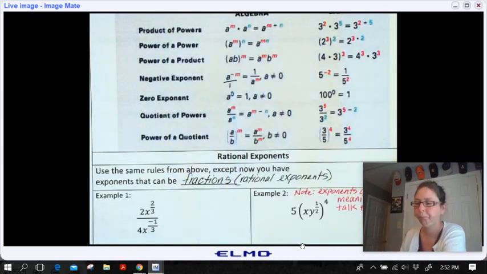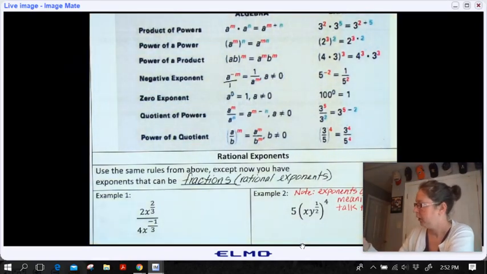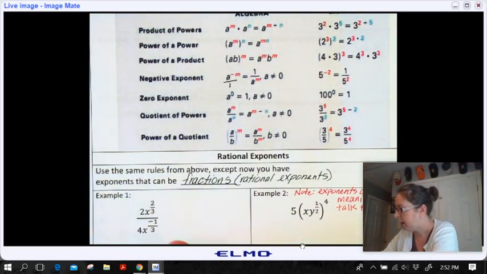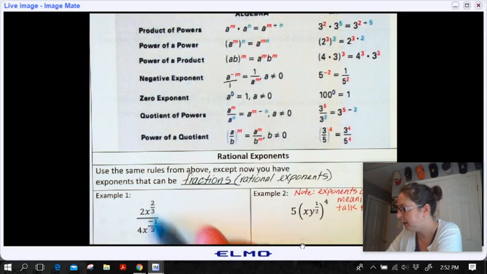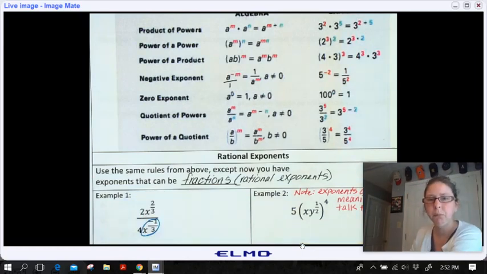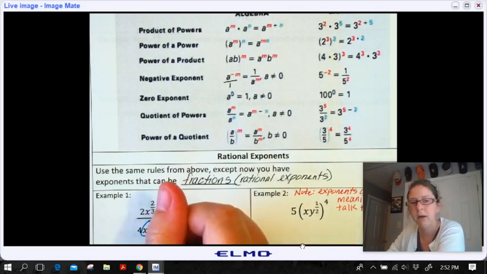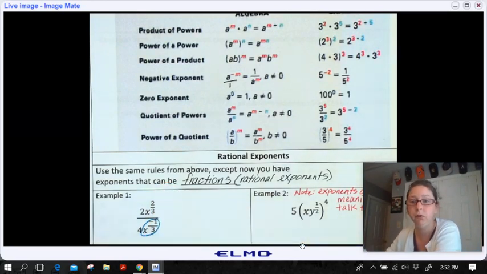All right? So let me just get a different color. So looking at this, I immediately see a negative exponent. So to me, a negative exponent is like a little bright flag that says, move me, move me. So it's currently in the denominator, so we need to move it to the numerator.